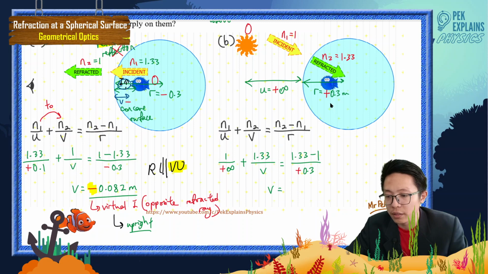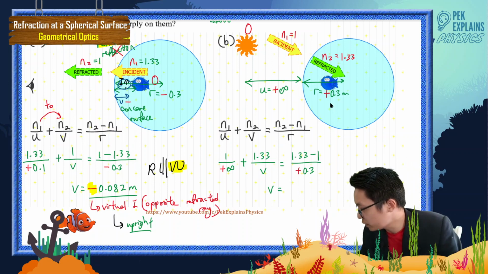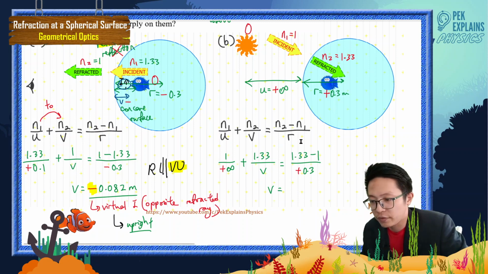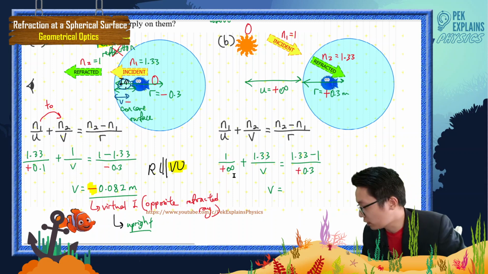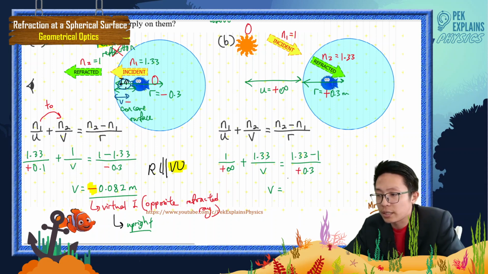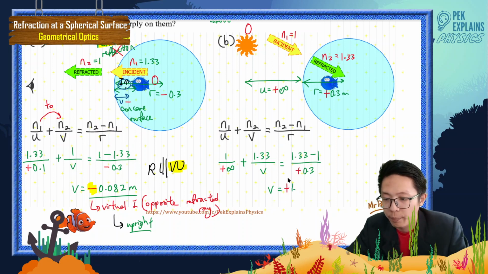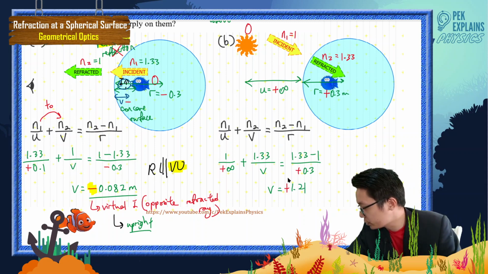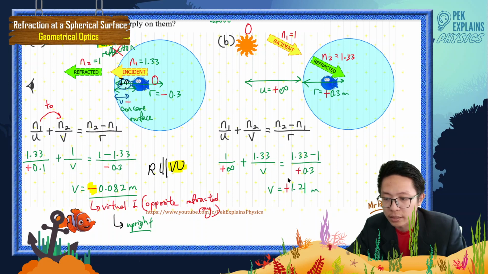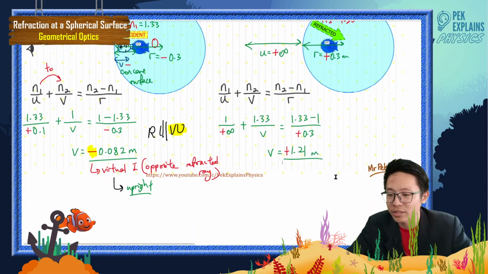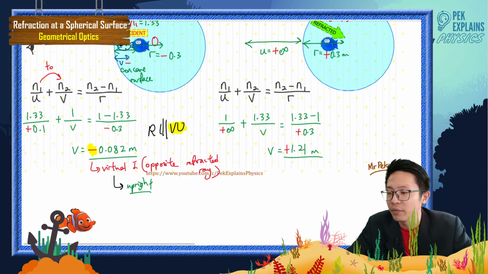Now calculate v. 1 divided by infinity, of course, you get 0 over here, and then I got my v as positive 1.21 meter. So what image do you get? Is it a real or virtual image?